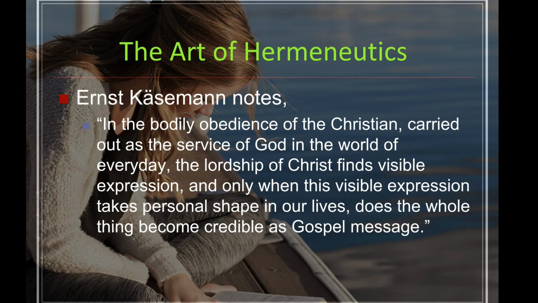The artistic movement also includes the application of passages to various situations. Here you will be asked to interpret not only the biblical text, but life situations. The application of Scripture cannot be separated from the hermeneutical task.